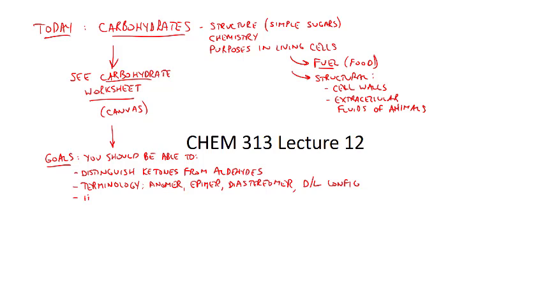You should be able to identify alpha or beta anomers. We're going to talk about that, what that means later. You should be able to identify glycosidic linkages. What that is, once again, we'll talk about later. And also reducing versus non-reducing sugars, which is related to glycosidic linkages.